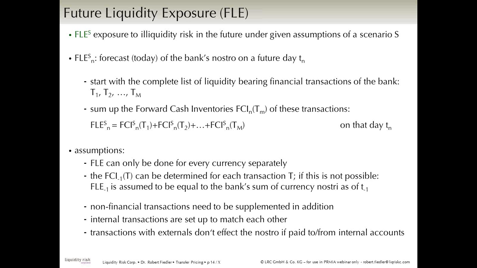So, for example, if the bank is paying out a mortgage to somebody, it's an external transaction in the bank's records, but in fact the bank will pay on the day, tomorrow say, $100,000 to the account of this client, which is within the bank, a LORO account for the client, and this has no external movement, so it does not hit the nostro.